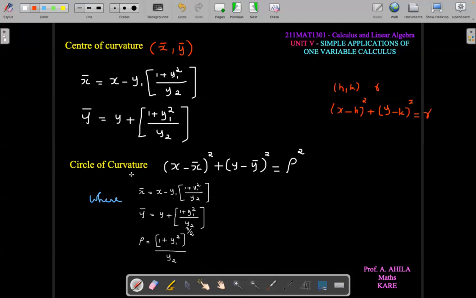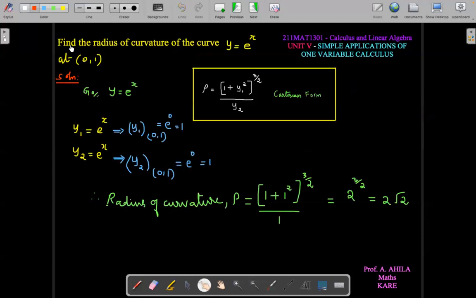With respect to curvature, in the circle of curvature, x bar y bar is the center of curvature and radius of curvature is rho. Therefore, comparing with this formula, we get x minus x bar the whole square plus y minus y bar the whole square equal to rho square. And if the formula is asked, you should define what x bar, y bar and rho are. All these formulas we have to define.